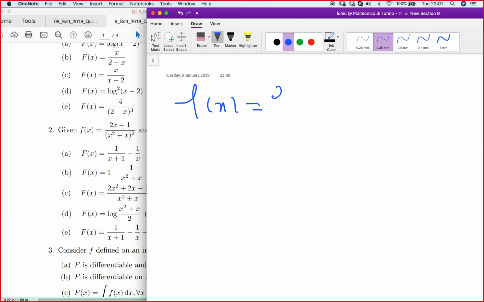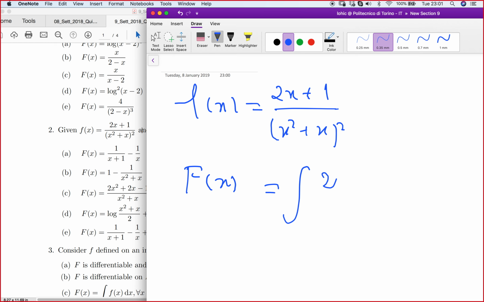Now big F of x is the integral of 2x plus 1 over x squared plus x, all square, in dx.